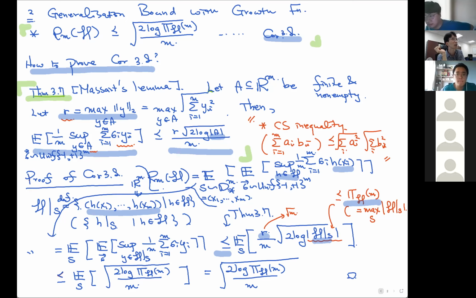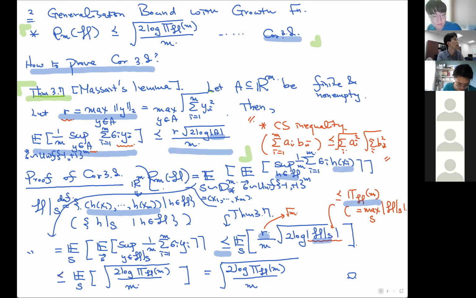I think what's written in the textbook has some minor error. So just take a look at the lecture notes. You will see a slightly corrected version of the maximum inequality. If you just apply the maximum inequality, you will get the Massart lemma.